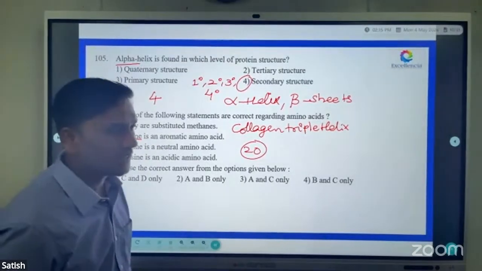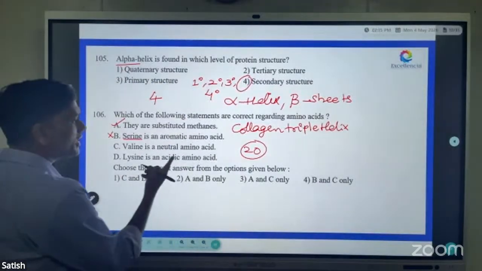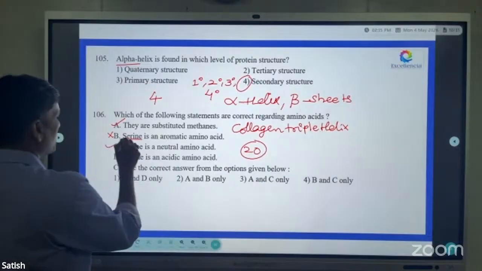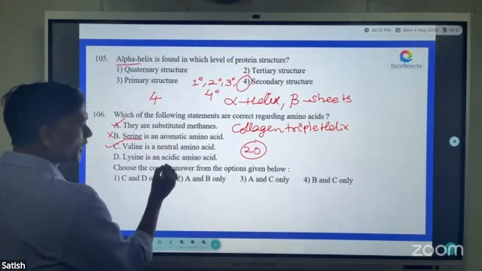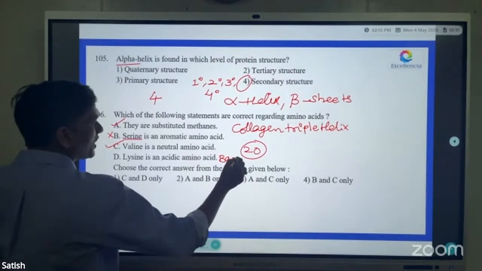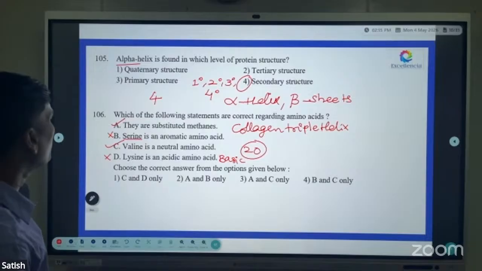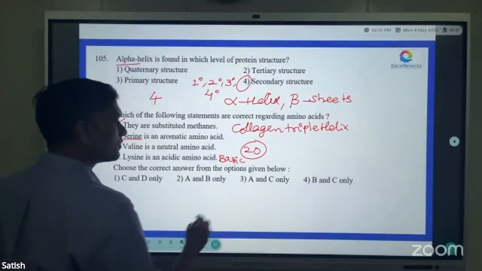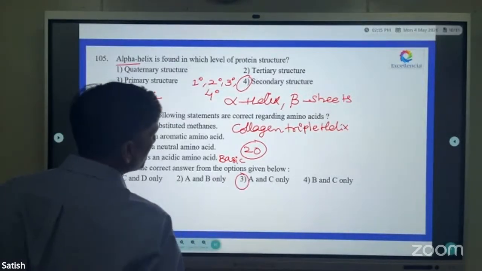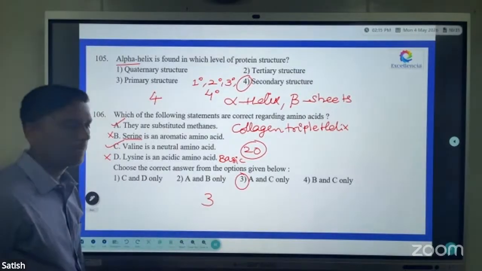Serine and threonine are alcoholic, not aromatic. So wrong statement. Valine is a neutral amino acid. Yes, correct statement. Lysine is an acidic amino acid. No. Lysine is a basic amino acid along with arginine. So the answer for this question will be A and C only. So 106 answer, 3rd option.